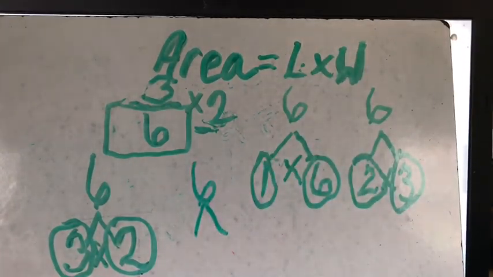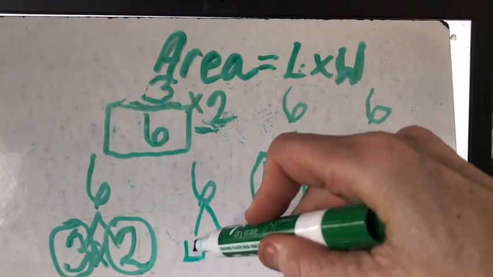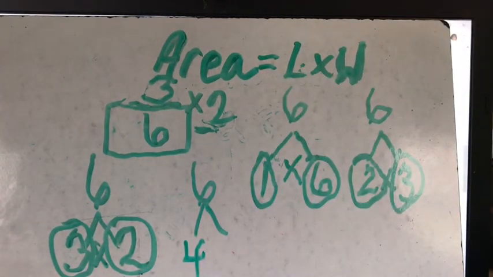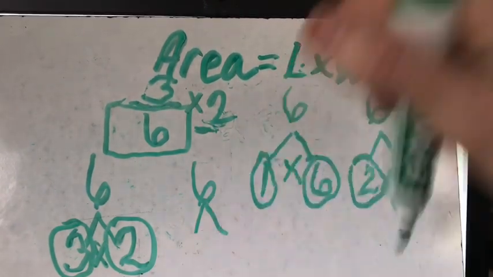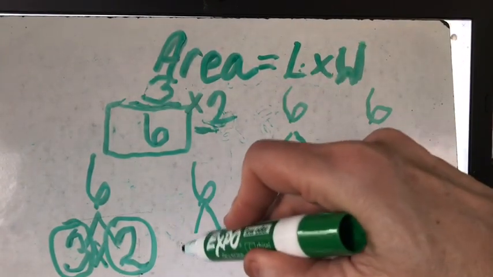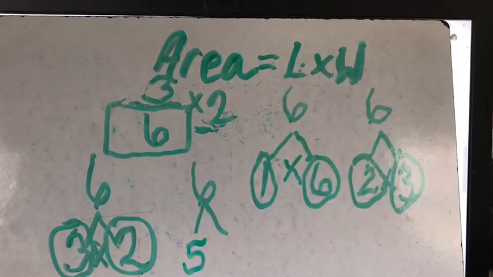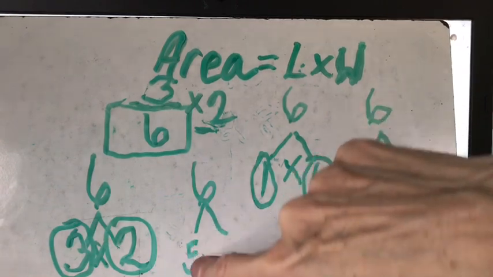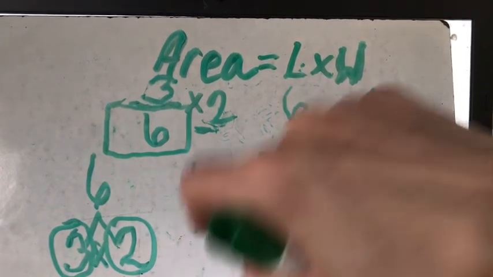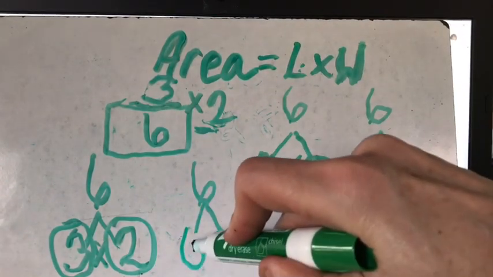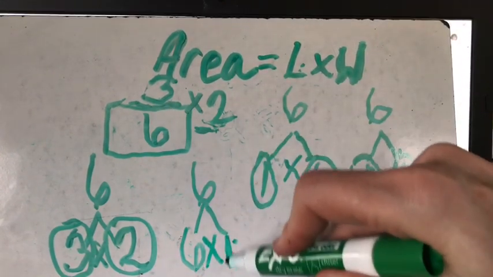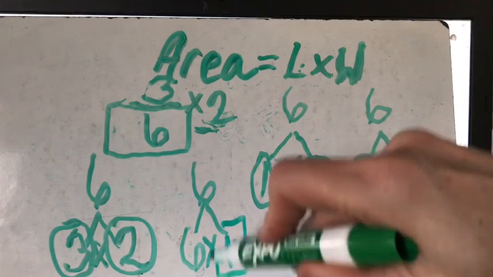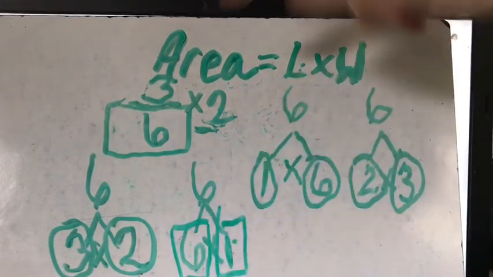Can I take a 4 and multiply by 4? 4 plus 4 is 8. Nope, 4 won't work. All right, go up to the next number. How about 5? 5 times 1 is 5. 5 times 2 is 10. 5 won't work. How about 6, the same number itself that we're trying to get to? 6 times 1 gives me 6.